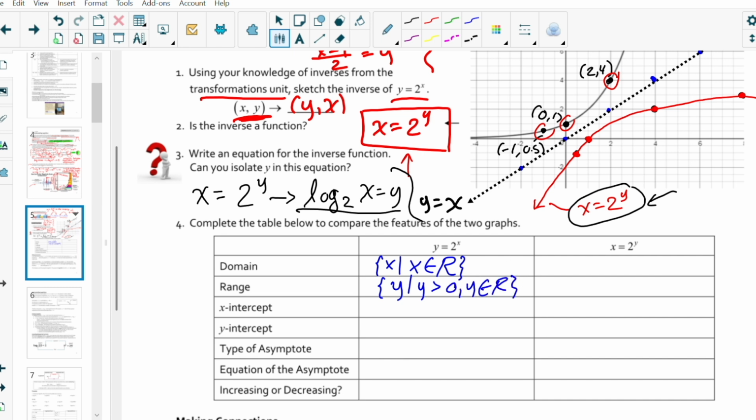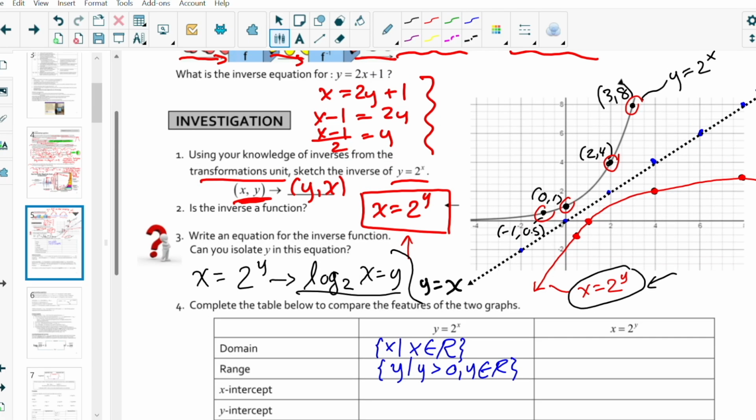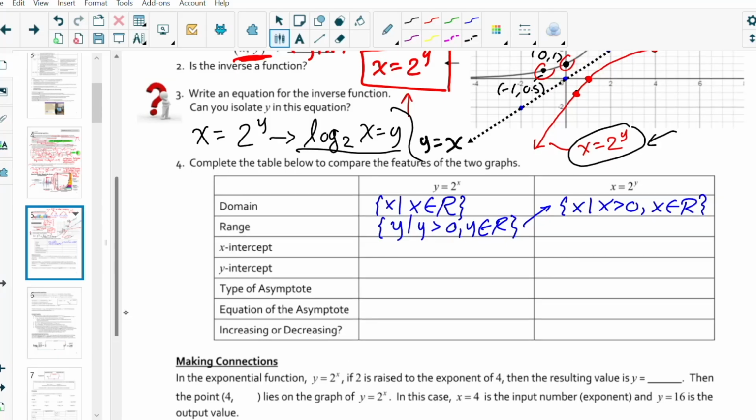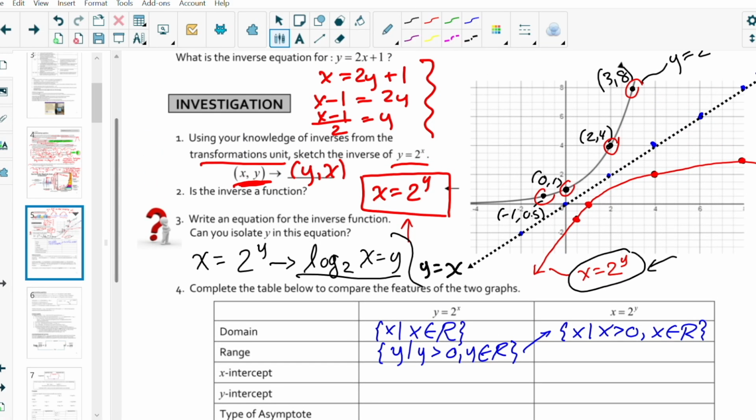For the inverse, if we're swapping x and y values, then we're also swapping domains and ranges. That should make sense. So the domain, without even looking at the inverse graph, is x such that x is greater than 0.